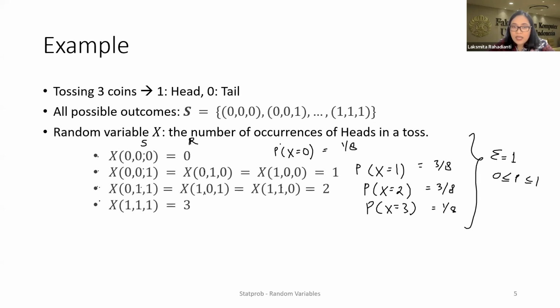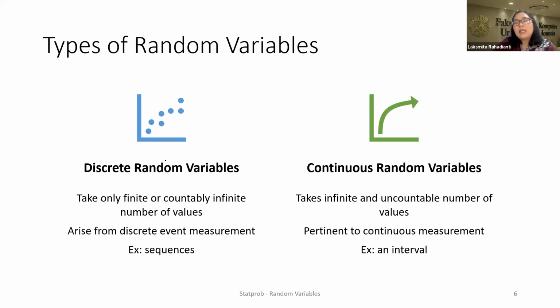Based on these events, or these variables, we can now define 2 different types of random variables: discrete random variables and continuous random variables. If you recall, we already learned about these two types of variables in the first topic as well.